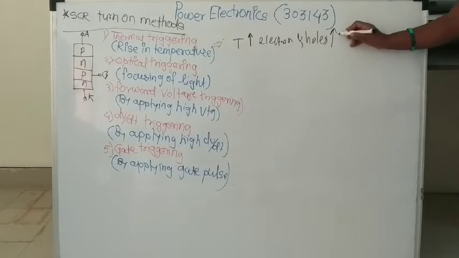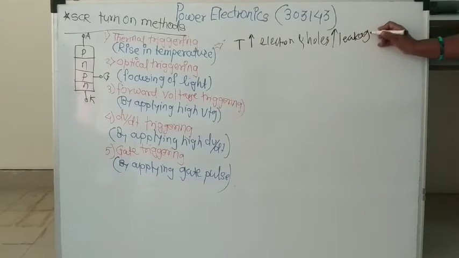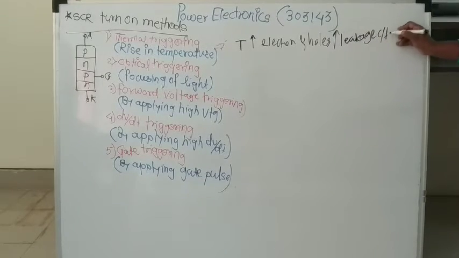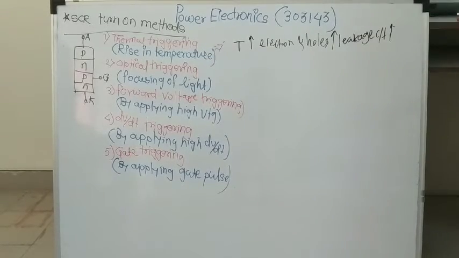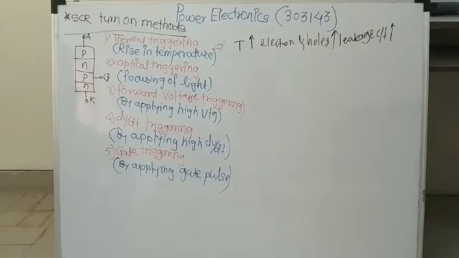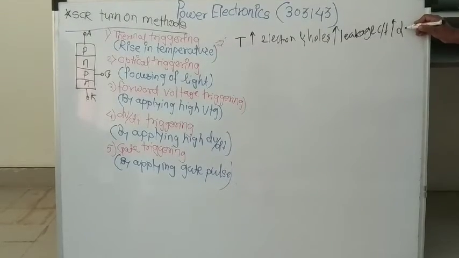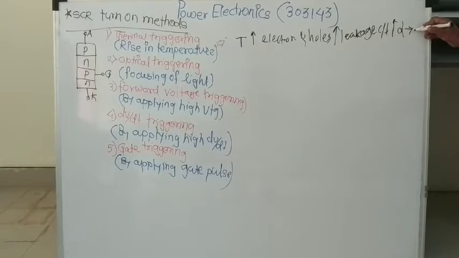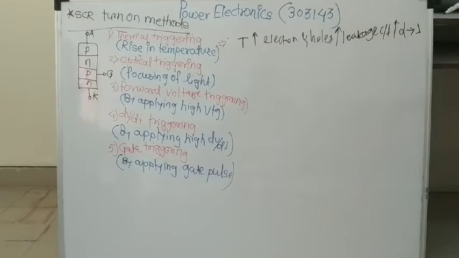This will increase the leakage current. So the leakage current flowing through SCR also gets increased. When leakage current increases, your current gain rises. That is alpha, the value of alpha tends to unity. Unity means this alpha tries to become 1.